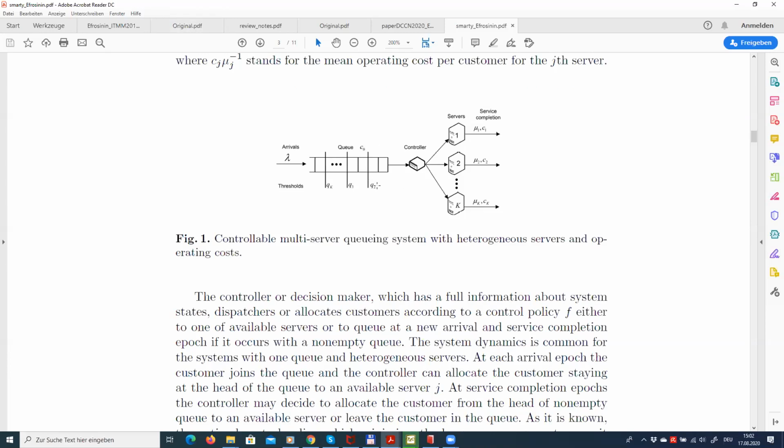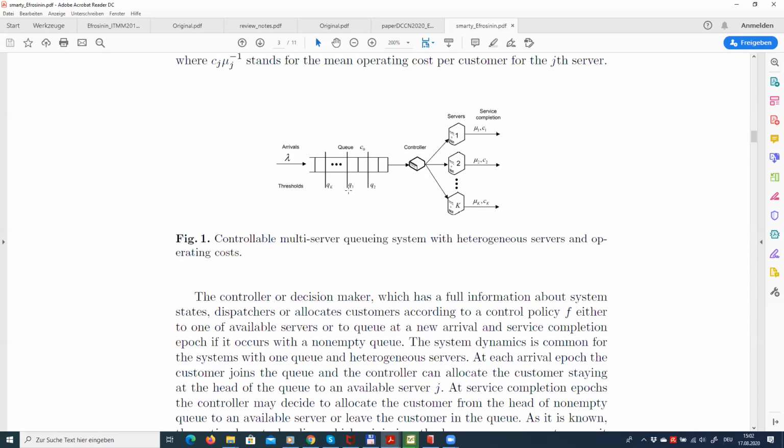I have marked these threshold levels here. This is the number of customers in the queue when we have to switch or use a certain server. For example, Q2 means that if the first server is busy, the second one must be used whenever the number of customers reaches this level or higher, and so on, Q3, Qk.